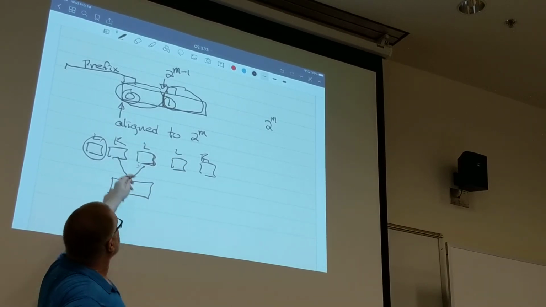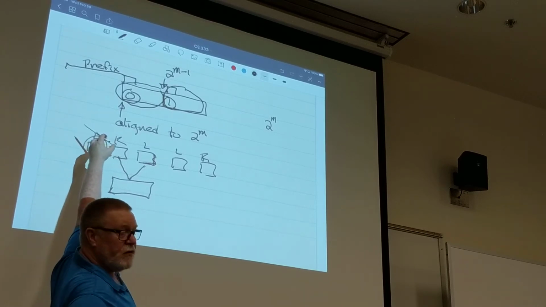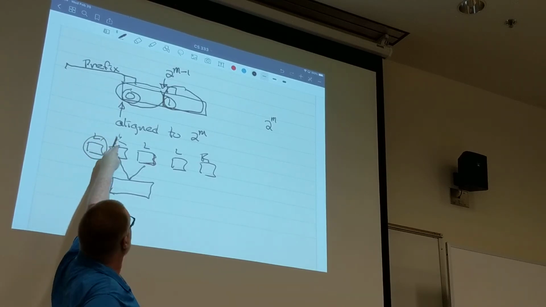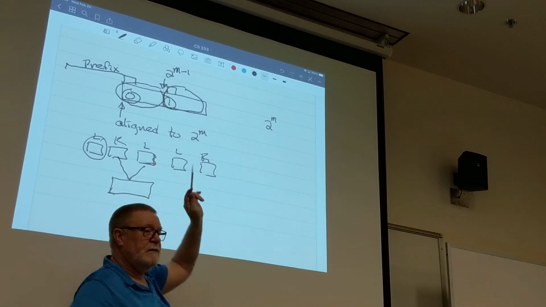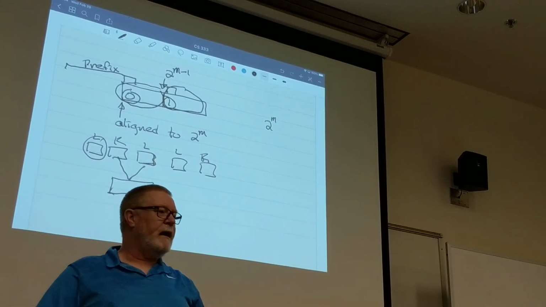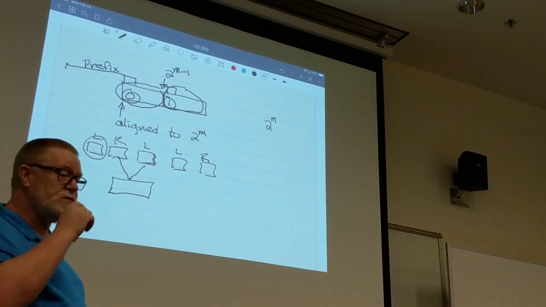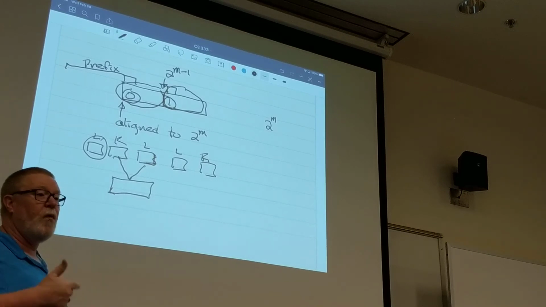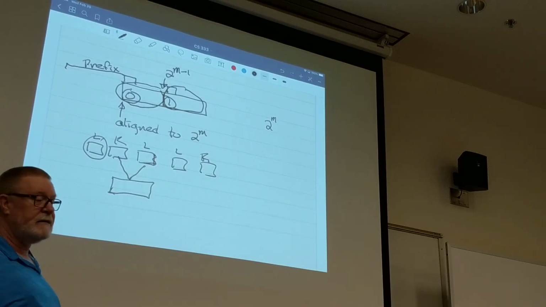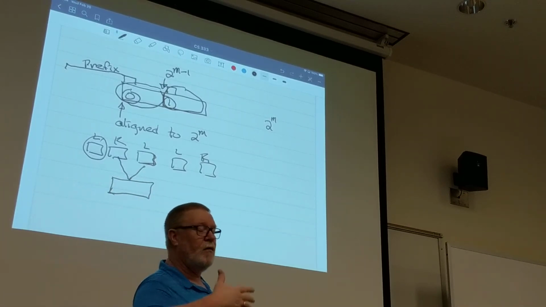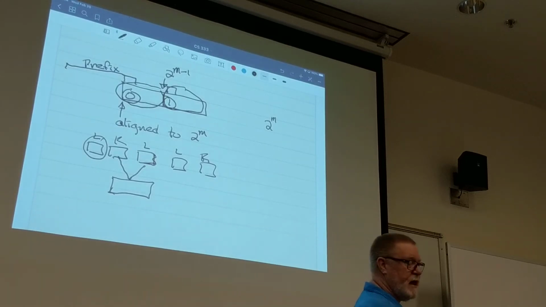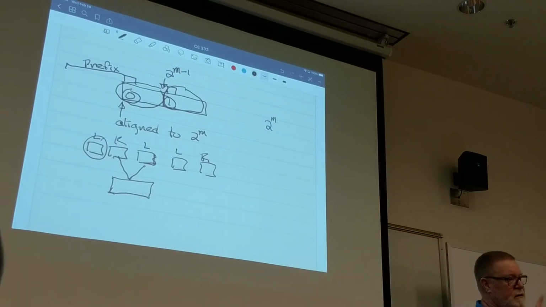So the prefixes are the same, and those will go away in an XOR. But this bit, because one's a 0 and one's a 1, will wind up being set. And all the zeros below it will still be zeros. So now we only have 1 bit turned on, if they're a left and a right.